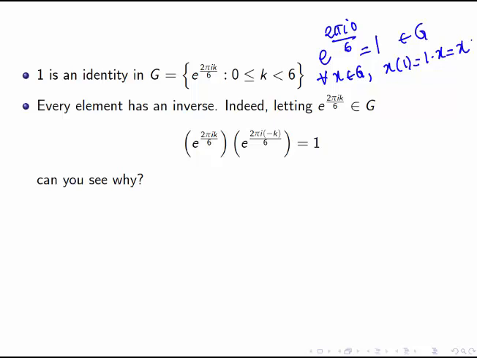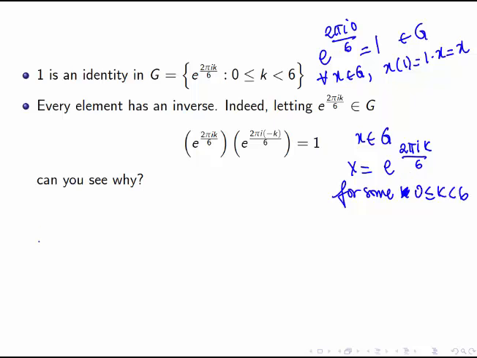Now to show that every element has an inverse, if you pick an element x in G, we can write x as e^(2πik/6) for some k between 0 and 6.